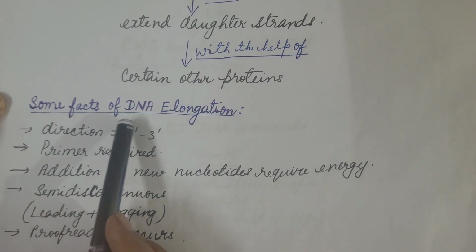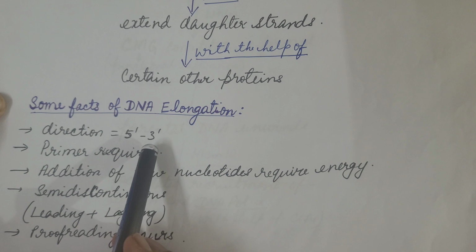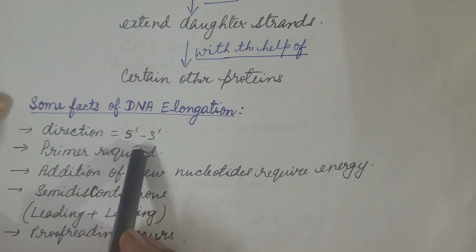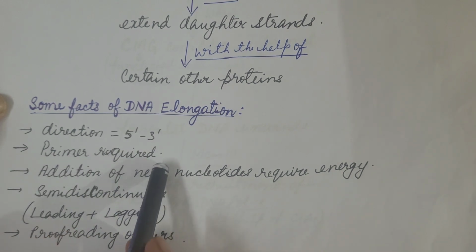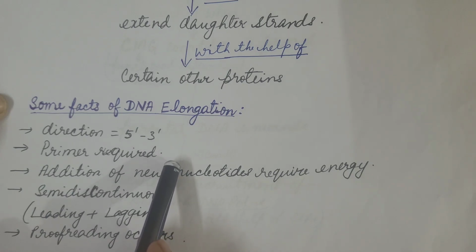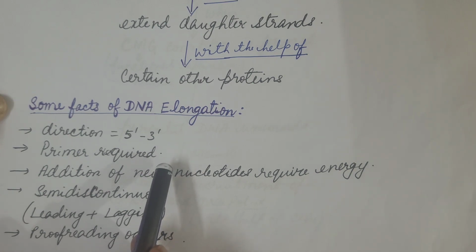Some facts of DNA elongation. The direction of elongation, the direction in which the new strand is synthesized, is always 5' to 3'. A primer is required. The major replicative enzymes involved in elongation cannot initiate the synthesis of a new strand.